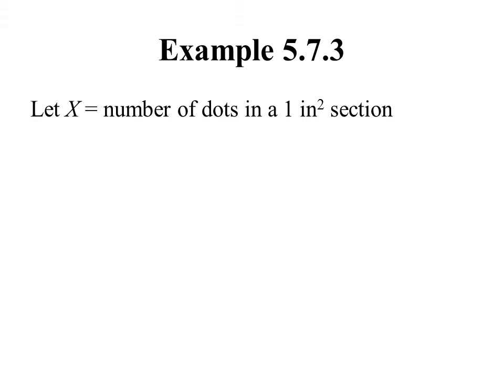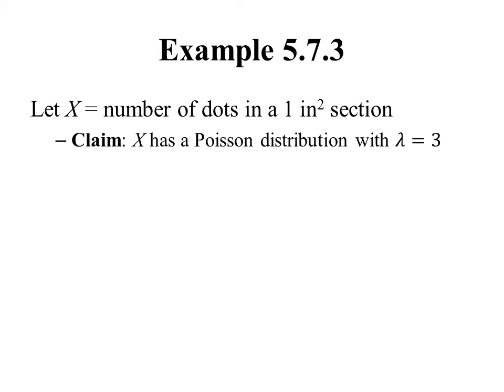Now let's let the random variable x denote the number of dots in a 1 square inch section. So it seems reasonable to claim that x has a Poisson distribution with parameter lambda equals 3. If we think back to chapter 2, a Poisson distribution dealt with describing the number of occurrences per interval. Here an occurrence is a dandelion or a dot, and an interval is a 1 square inch section.